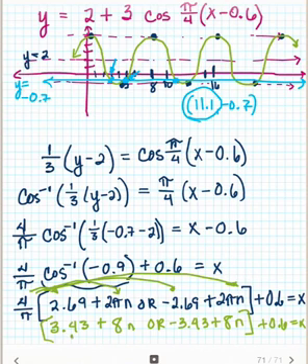So it looks like I'm going to get 4.03 plus 8n, okay? Or I'm going to get negative 3.43 plus 0.6. So I'm going to get negative 2.83 plus 8n equals x.